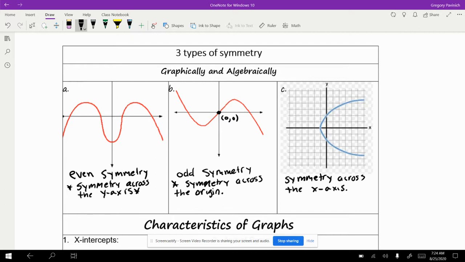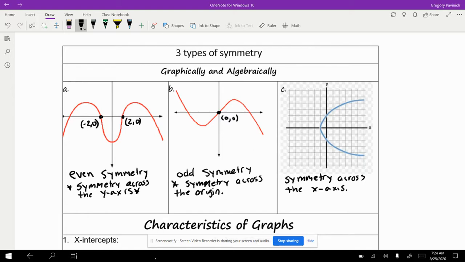You can notice graphically pretty easily the symmetry if I just look at a couple points. So on the even symmetry, I'm going to take a look at point, we'll call this 2, 0, and then we notice that we have a symmetry point at -2, 0.